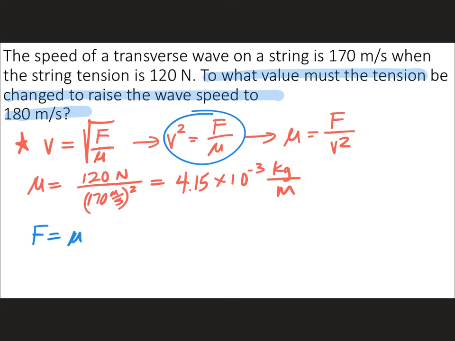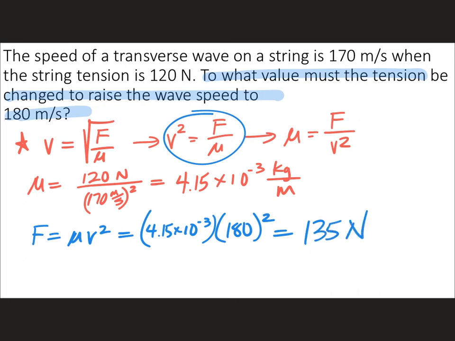So now I've identified this property of the string that was material to this force speed function, F equals mu v squared, and so mu will be what it was before, and the speed that we were looking for was 180, and that's getting squared. And so the new tension works out to 135.